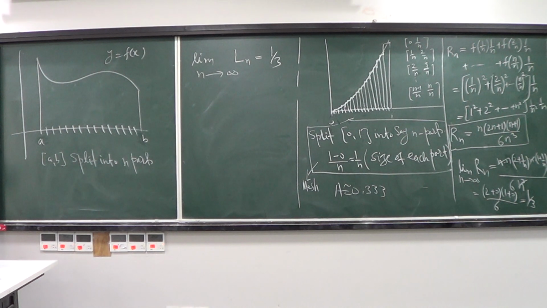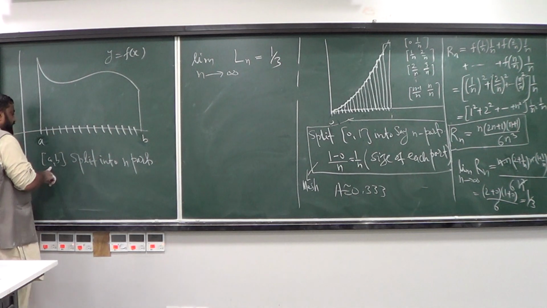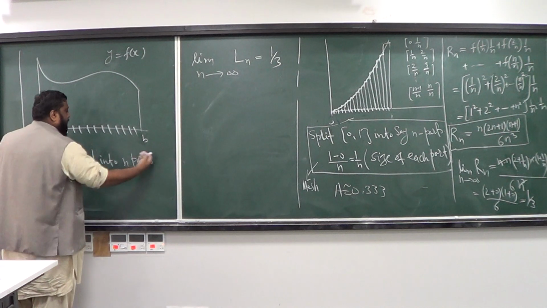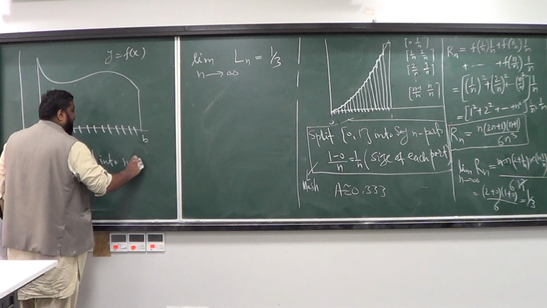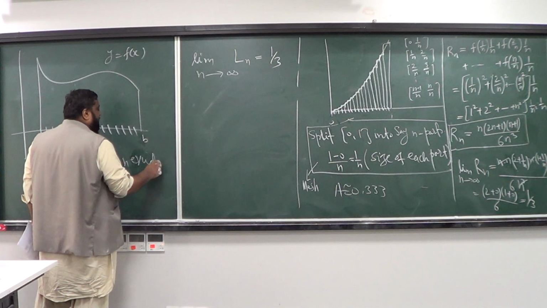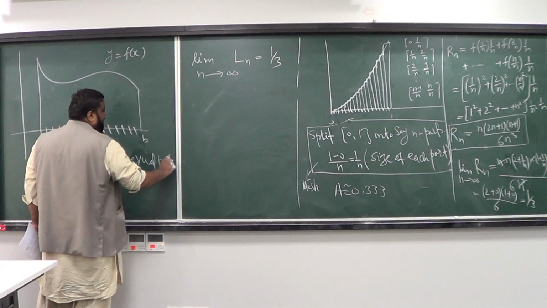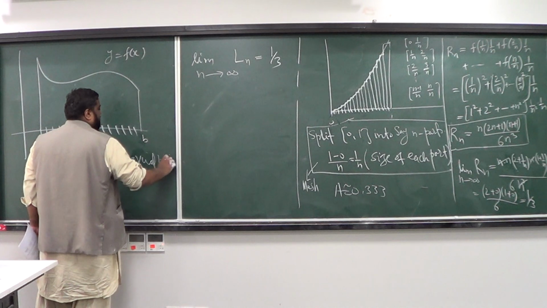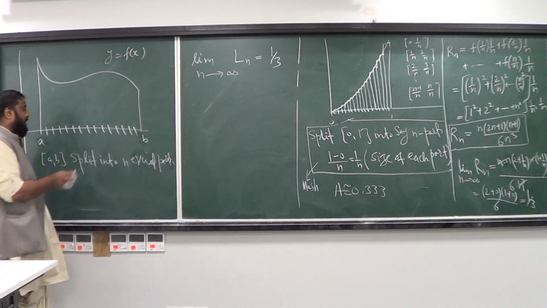So what should I do? What you can do is split this into n equal parts. So I must say equal parts. You can split it even into unequal parts, but then things would be a little bit complicated actually. So we're going to assume that, okay, equal parts.